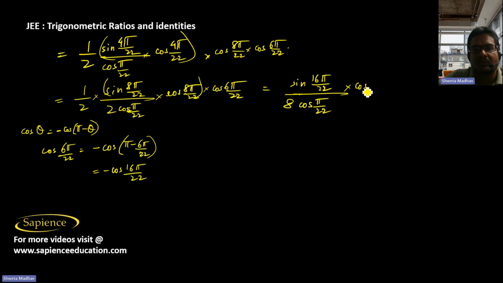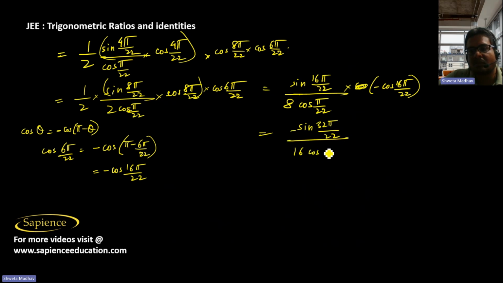So this can be written as minus of cos 16 pi by 22. So this will be again sine 32 pi by 22 by 2, so it is 16 cos pi by 22.